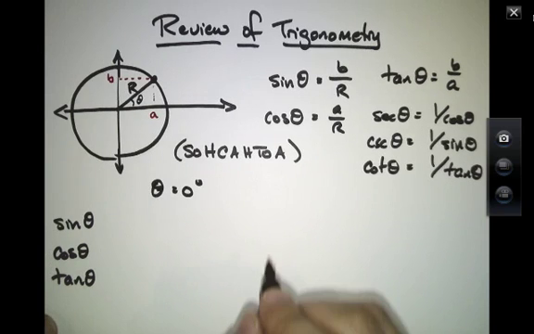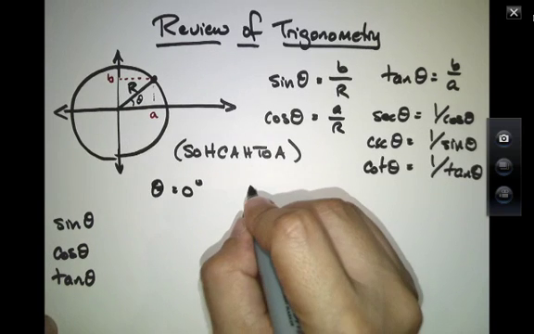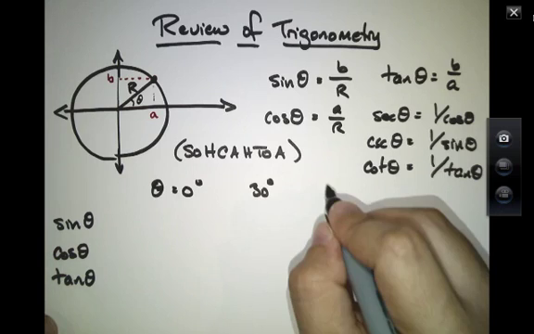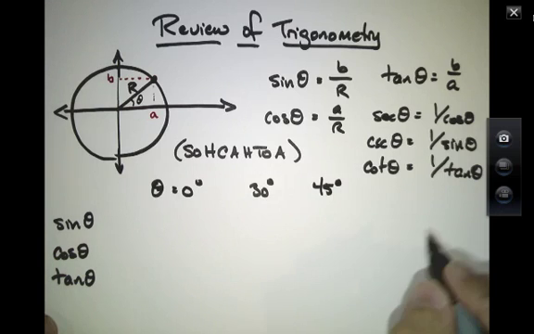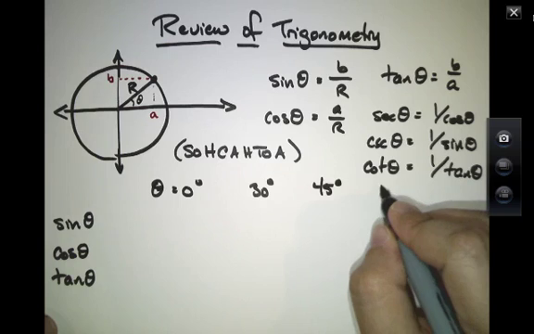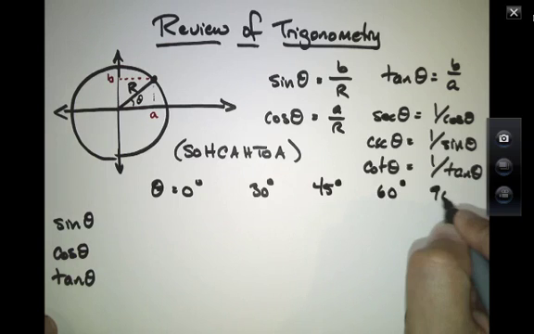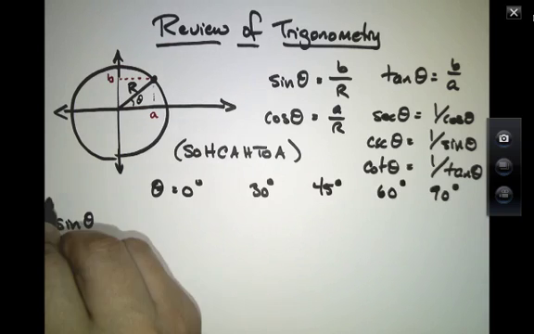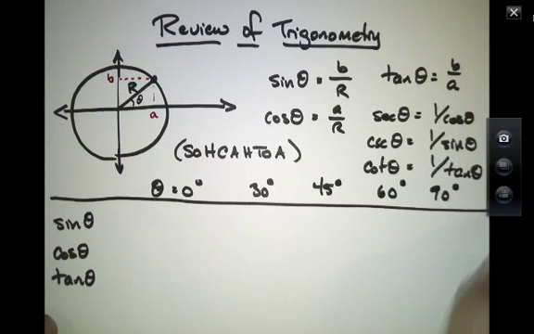So for example, if theta is 0 degrees, or 30 degrees, or 45 degrees, or 60 degrees, or 90 degrees. These are some angles for which it's useful for you to know the values of the standard trig functions.